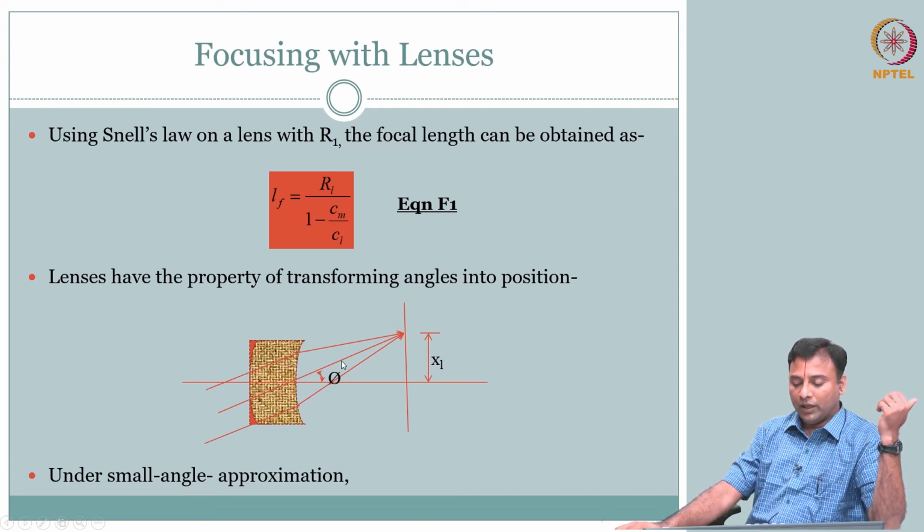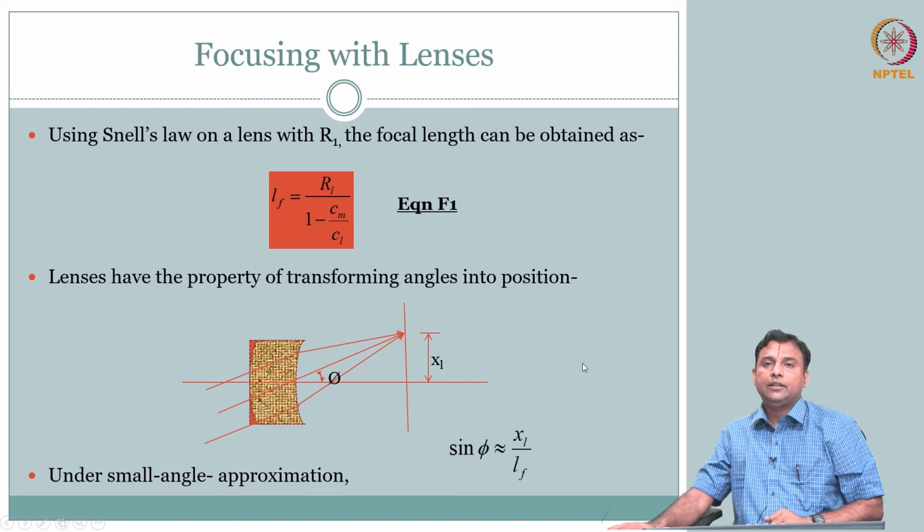So that means it is going to do a transformation of angles into positions. If you look at this geometry, you can get your sin phi. This is your L_F, this is your X_L. So sin phi is X_L by L_F.